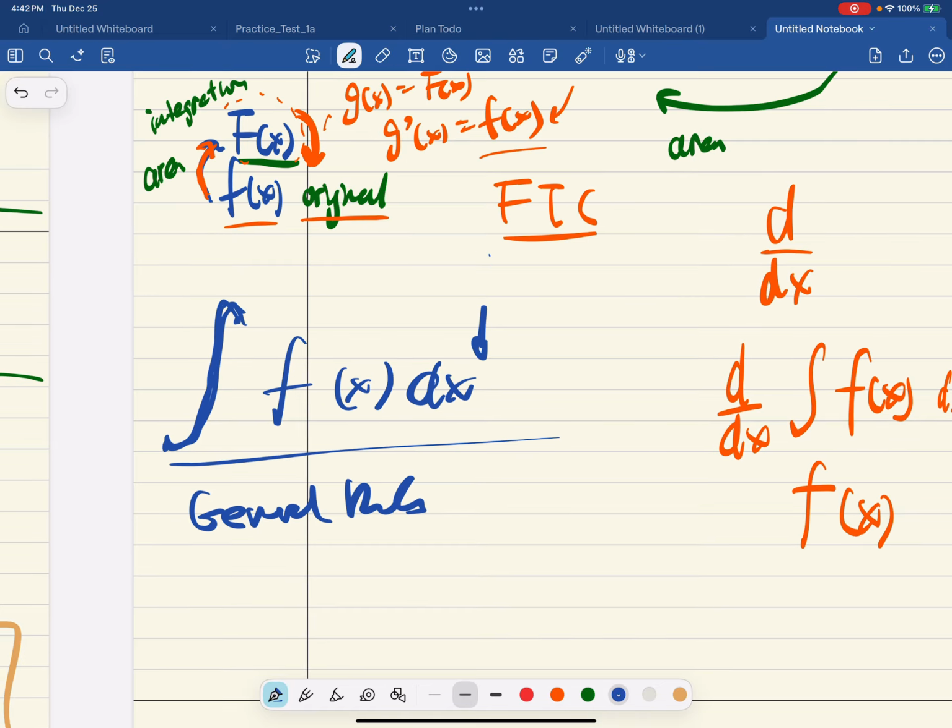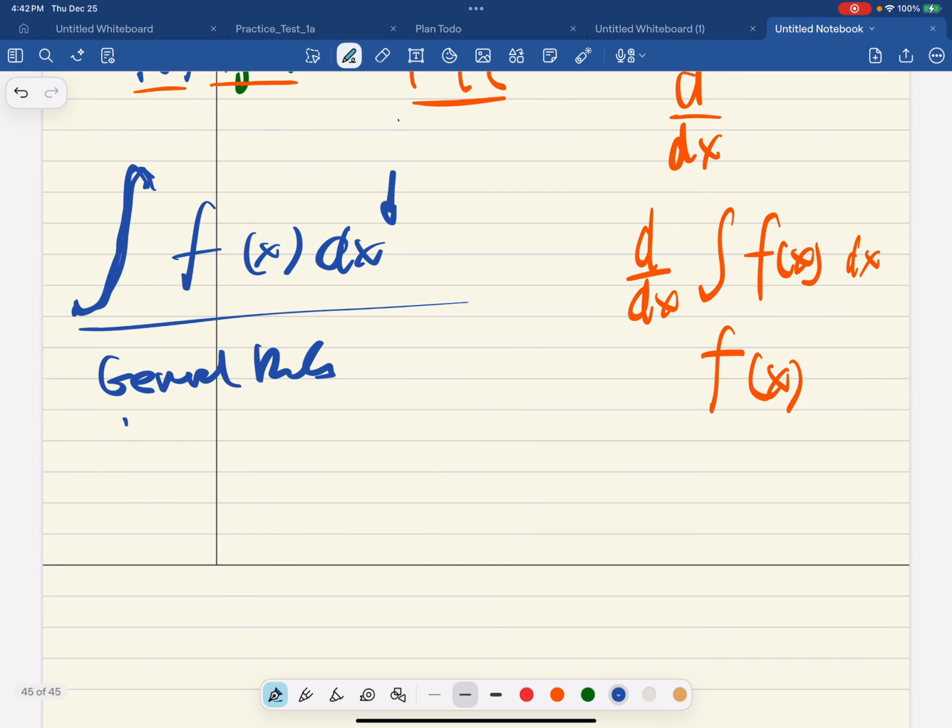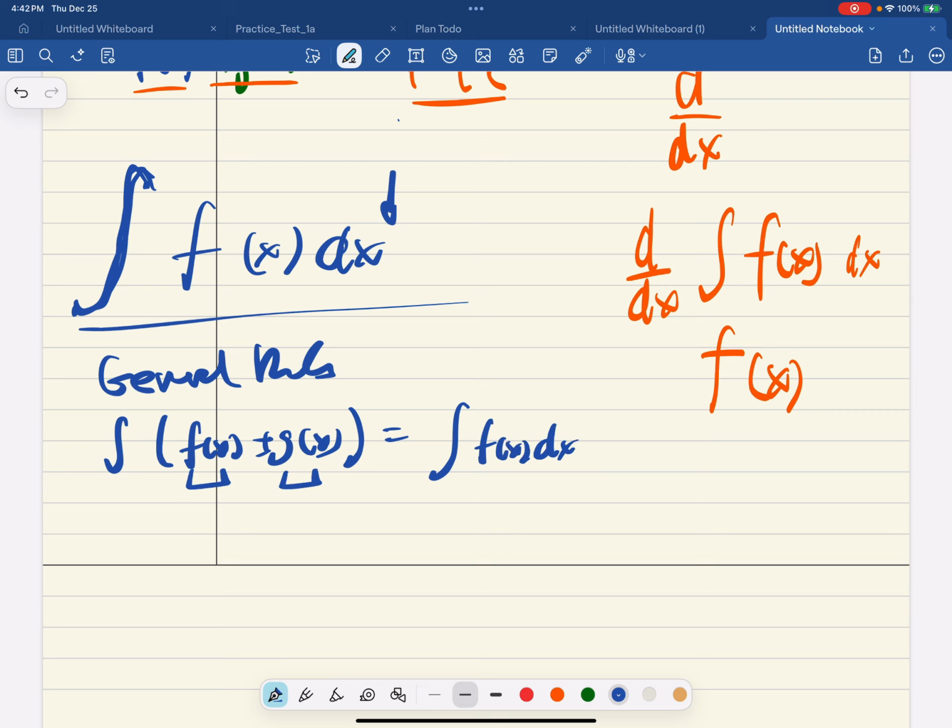So the general rules for integration are very similar to the derivation rules. It's just the first component integrated plus the second component integrated in terms of dx. Again, this is just meaning in terms of dx, a bit like when we were deriving it was in terms of x.